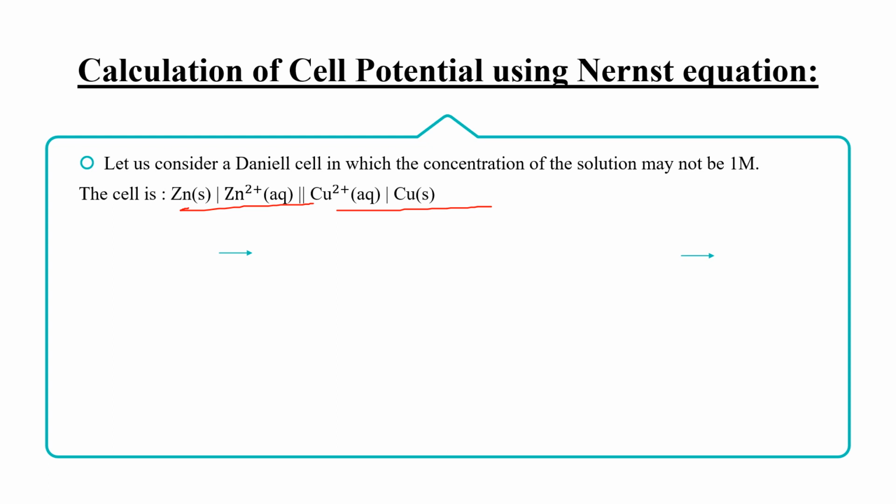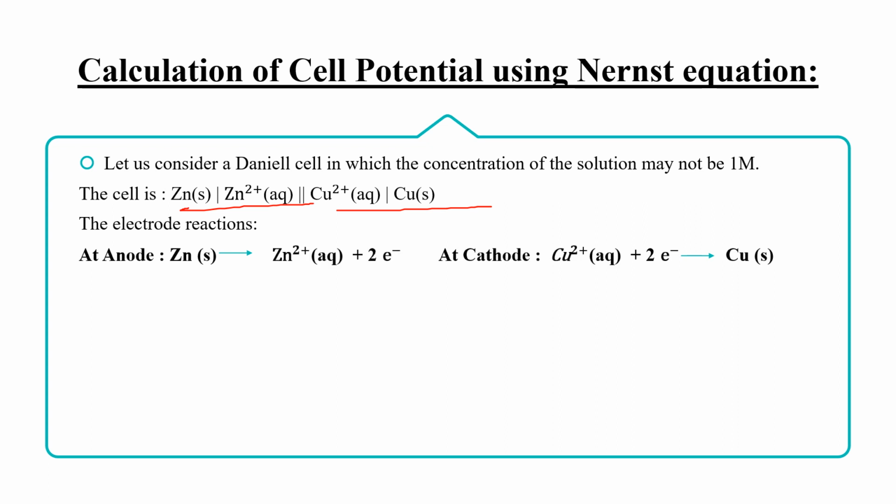From this cell representation, the electrode reactions are: at the anode, zinc gives zinc ion plus 2 electrons, loss of 2 electrons at the anode, and at the cathode, gain of 2 electrons. It means copper 2+ ion will gain 2 electrons and convert into copper metal.